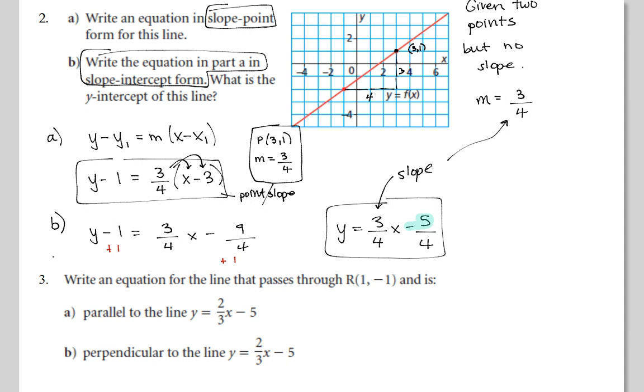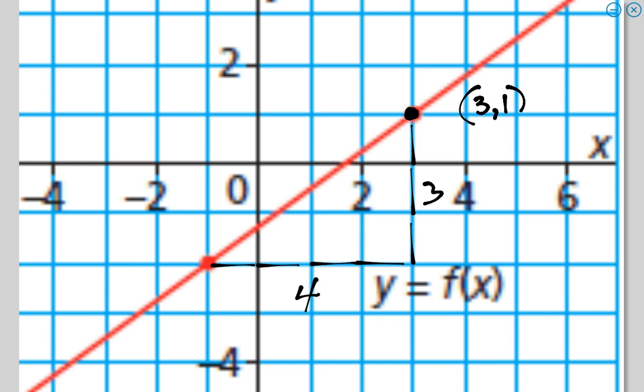What does this minus 5/4 represent? It represents the y-intercept. There's that y-intercept at negative 5/4, which is 1.25. See how it's 1.25? And it's down.